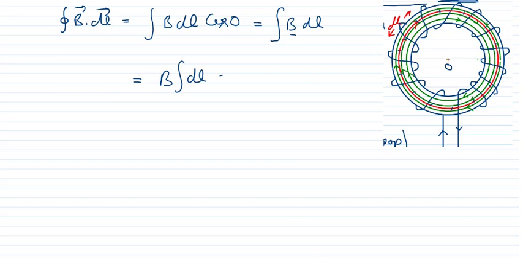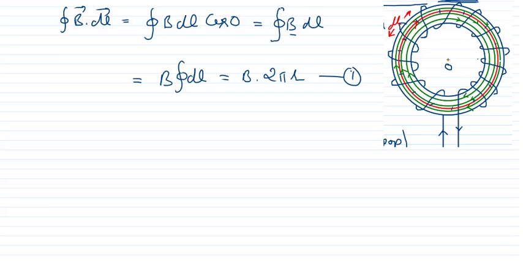When such dl are added, we will get the circumference of the red circle. So this is the closed line integral, and this will become B dot 2 pi R. So this becomes equation number 1.